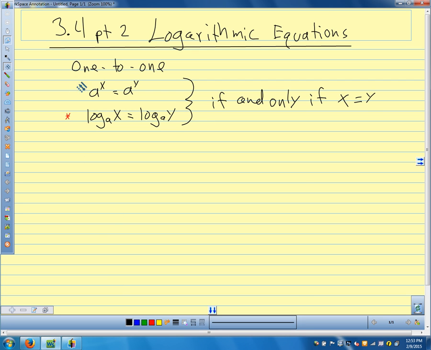And then our other property that we use for logarithmic equations are the inverse properties.